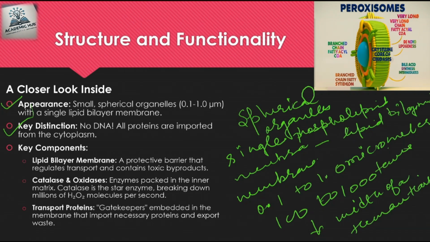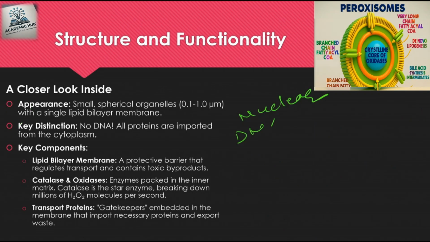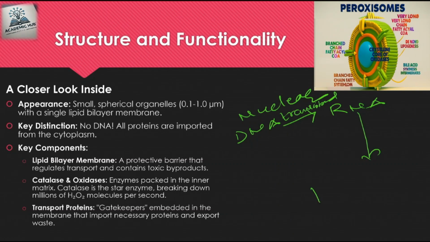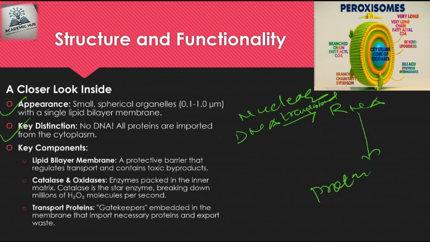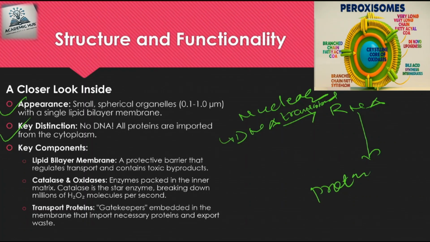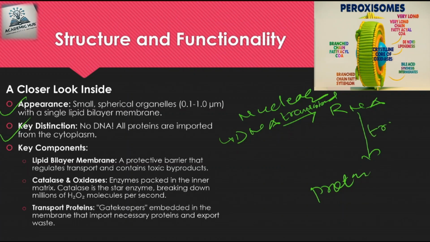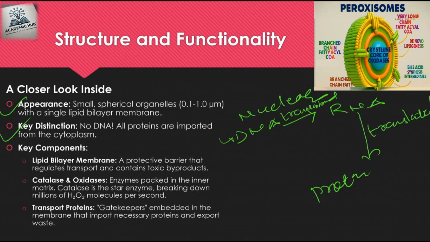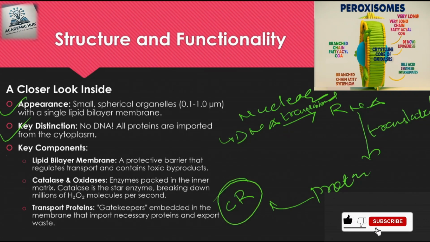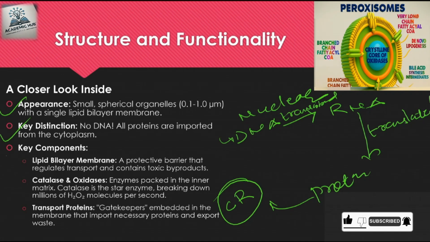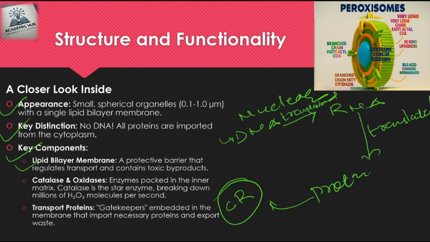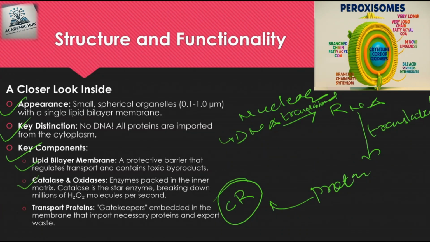These proteins are encoded by nuclear DNA, transcribed into RNA, and then translated into protein by cytoplasmic ribosomes. So, the architecture of a peroxisome is defined by several key components: the lipid bilayer membrane, catalases and oxidases, and transport of proteins.